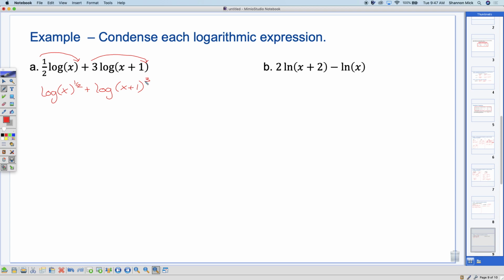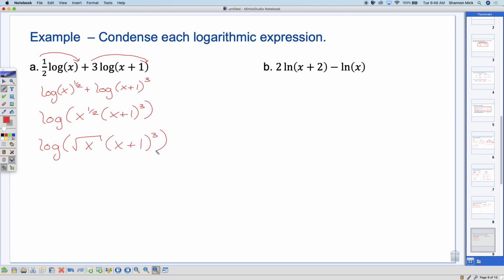Then I have addition, and addition came from multiplication. So I have log of x to the 1/2 times x plus 1 cubed. What was 1/2? Square root. So I have log of the square root of x times x plus 1 cubed.